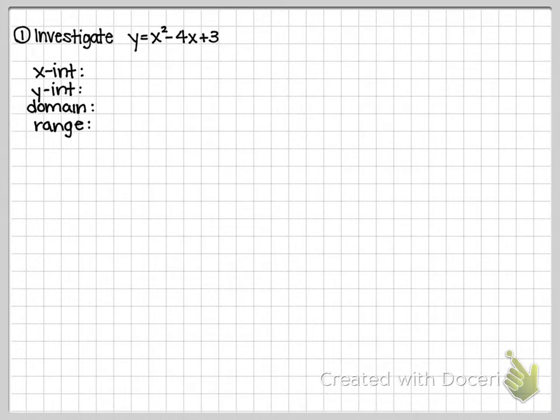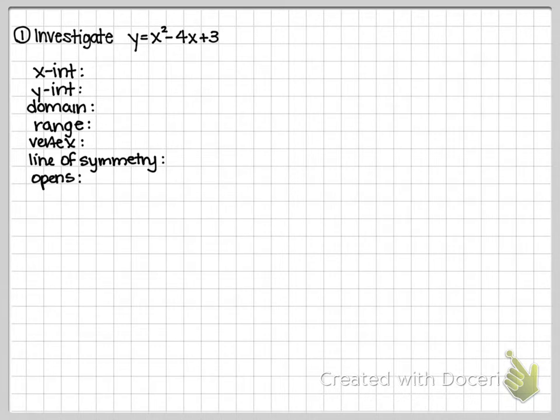We are looking for the vertex, as well as the line of symmetry. We want to include a graph. And last but not least, answer the opens part, which really is the concavity.